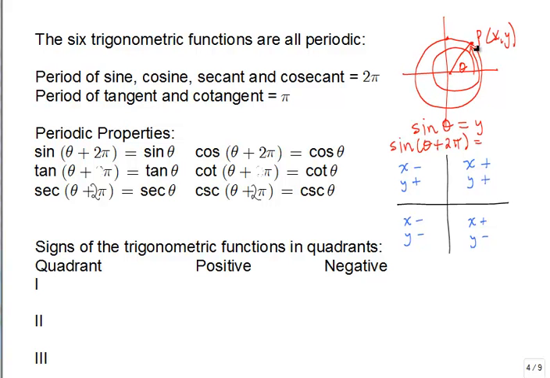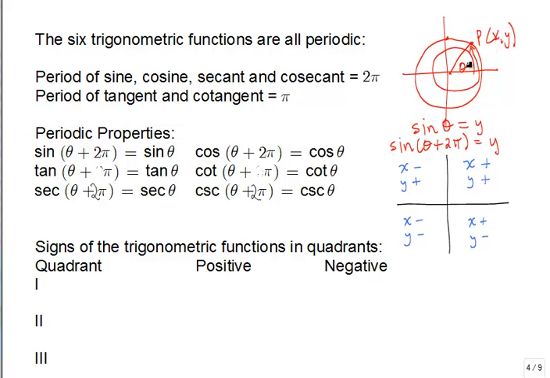It lands us right at the same terminal point P, and therefore the y coordinate is going to represent the sine of that angle. So sine of theta plus 2 pi is also equal to y. And this would also apply if you were talking about the cosine function as well. Cosine of theta would be the x value, and cosine of theta plus 2 pi would also equal x.